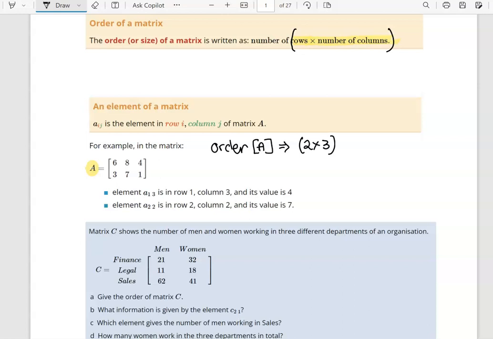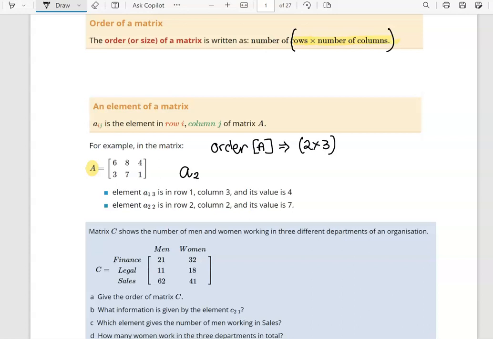All right. So when they want you to go to a particular element, first they'll use a little letter. They're going to say little a. So that means you're in the matrix A, you're trying to find an element. And they will put a number, they put the row first.